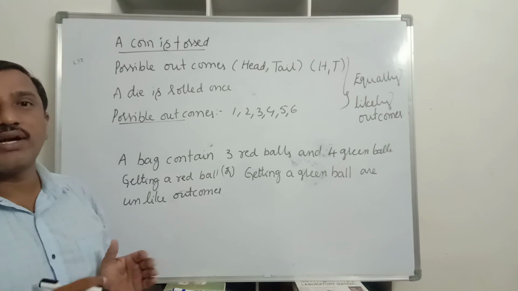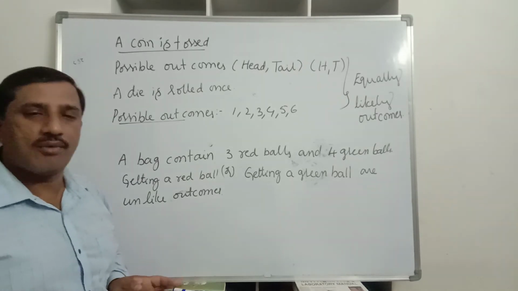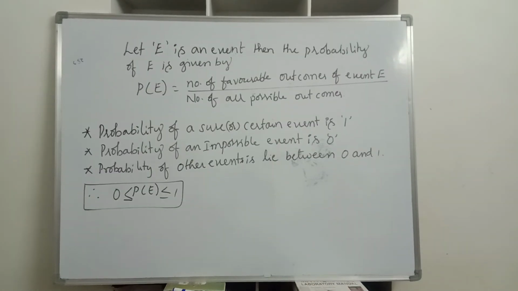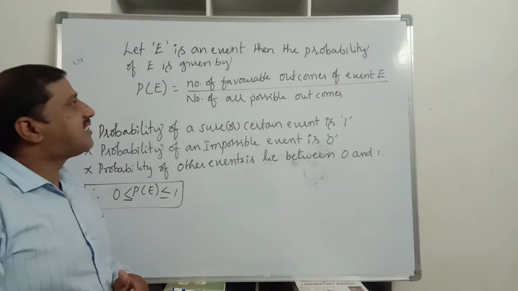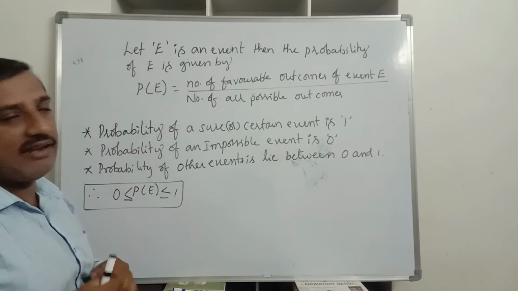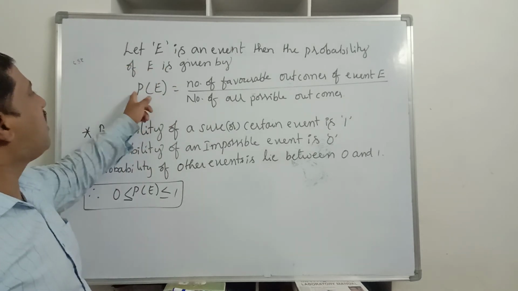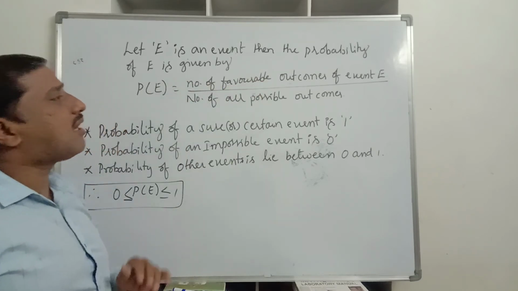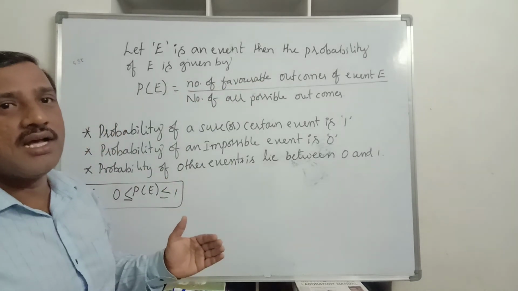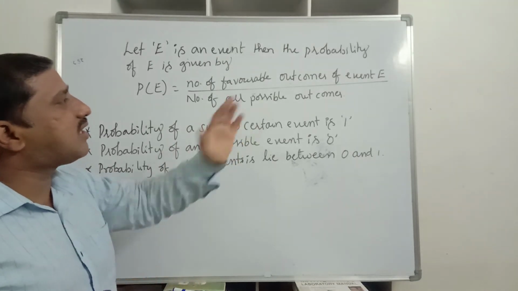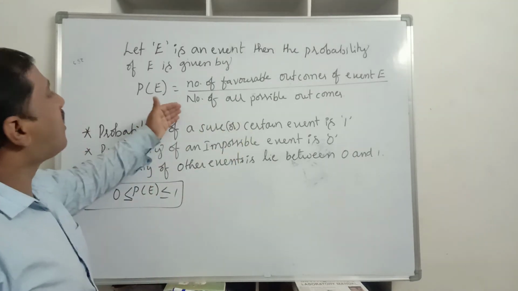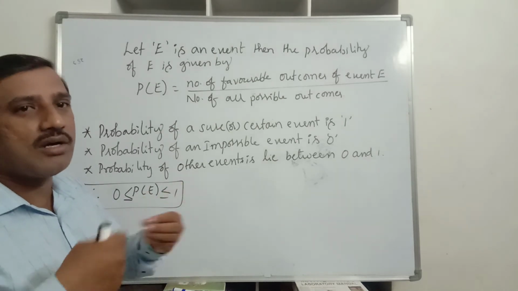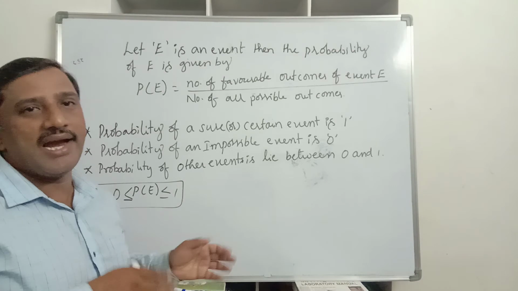Now we will discuss what probability is and how to find it. Let E be an event. Then the probability of E, P(E), is equal to the number of favorable outcomes of event E divided by the number of all possible outcomes. Favorable means the outcomes which are related to the given event E. When we toss a coin, the possible outcomes are head and tail, both 2.